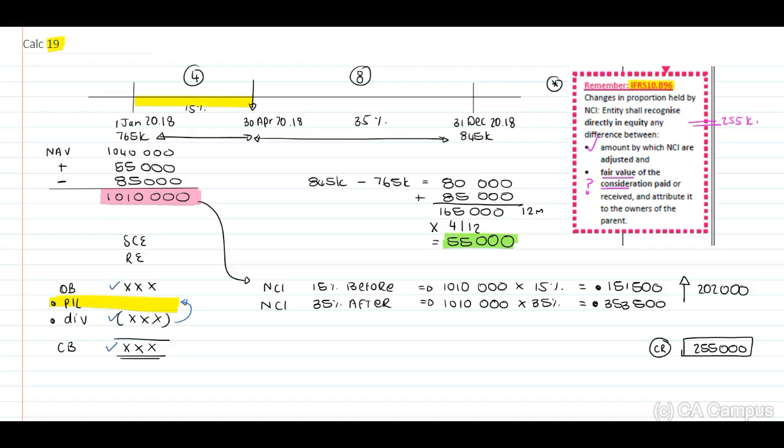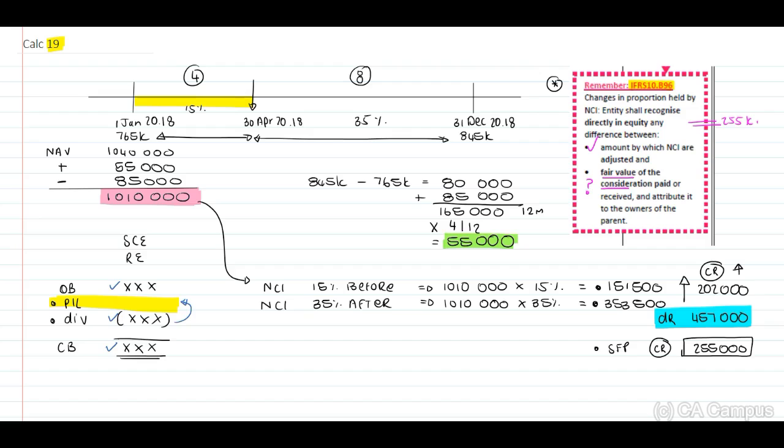When you look at the statement of financial position, you will identify that this is a credit. If our NCI increases, our NCI will be credited. Therefore, a debit consideration received to the value of 457,000. Right, guys, do you see this?